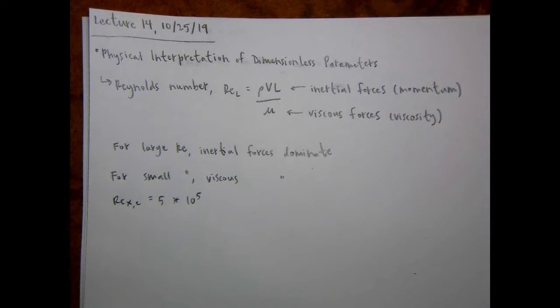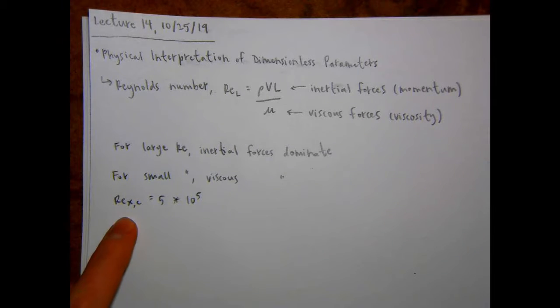Let me check real quick. Don't want to write down the wrong thing. So that's the boundary between large and small, at least for flow over a flat plate. Yes, 5 times 10 to the 5th. That's the critical Reynolds number where transition occurs.